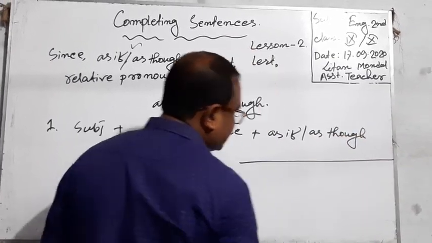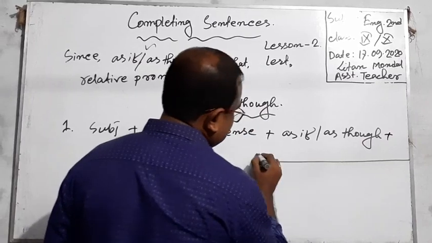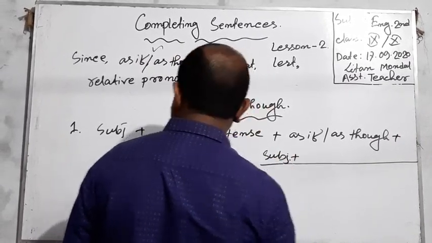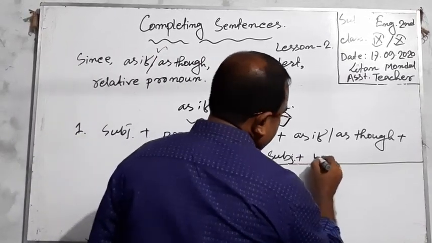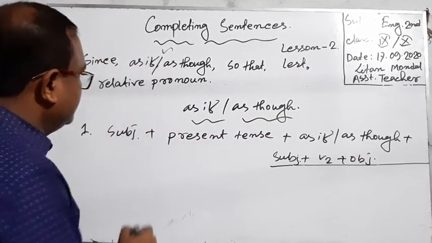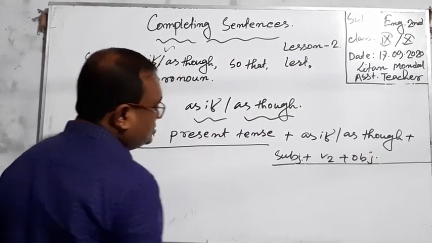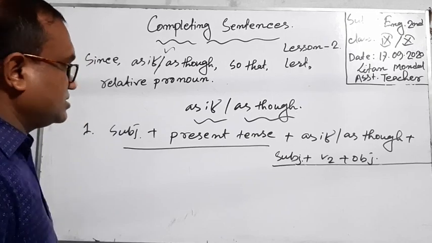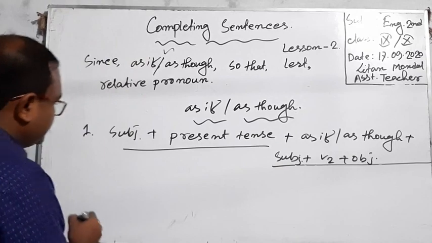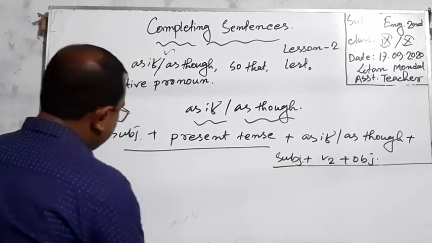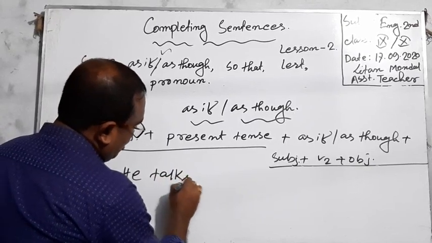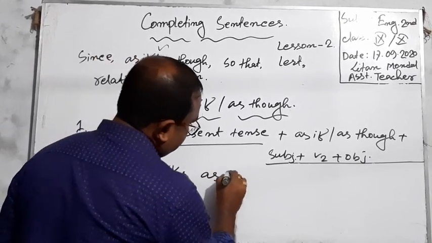There we need to complete the second clause, and for the second clause we need a subject first and then V2 plus object. The first is present tense, it may be present indefinite or any other, then the next clause will be first indefinite tense. Let's take an example. He talks as if.